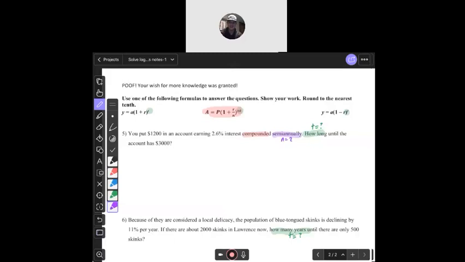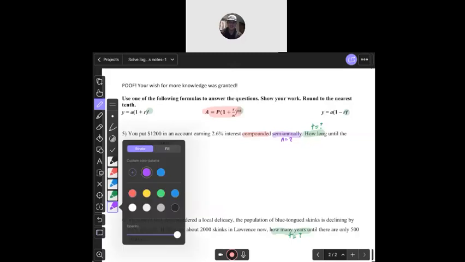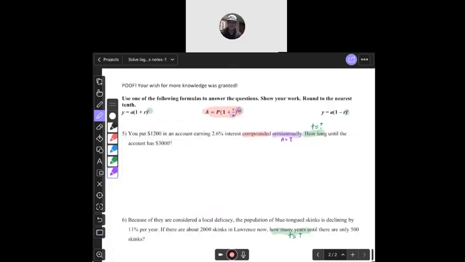If we're going to find time, that means we need to know everything else. I know n is 2. That means I need to know what r is, what p is, and what a is. So we know n, and we also need to know r, a, and p.